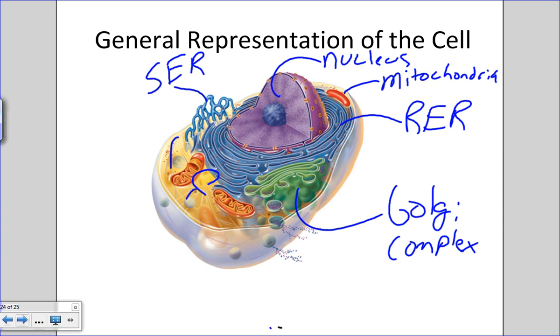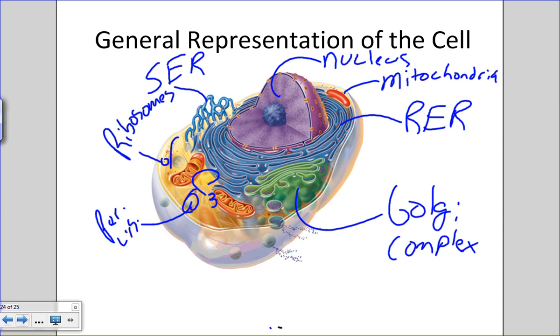Now, these little dots you see all over the place out in the cytoplasm, these are ribosomes. Okay, those are ribosomes. And then we've got some that could be peroxisomes or lysosomes.